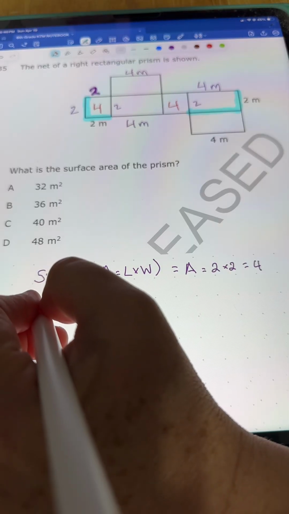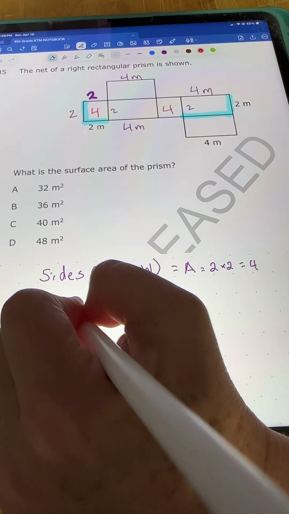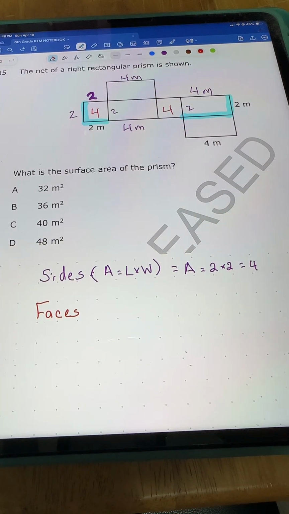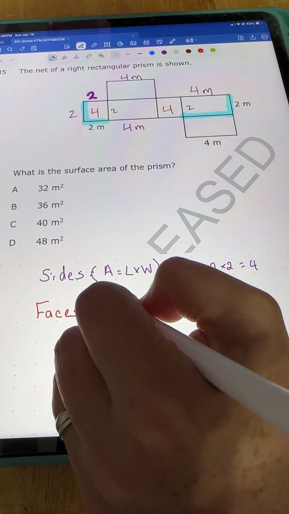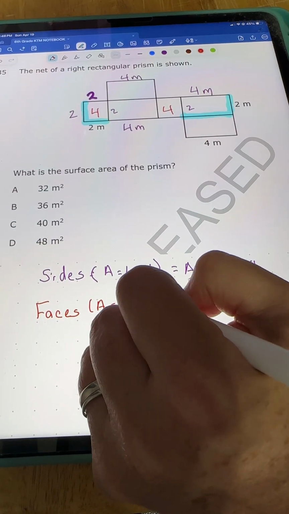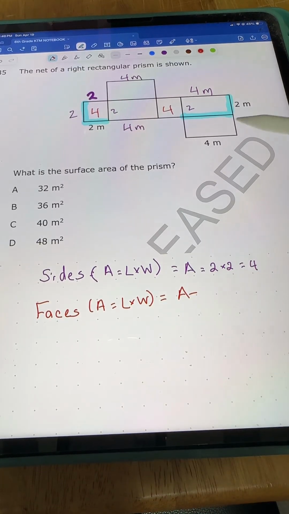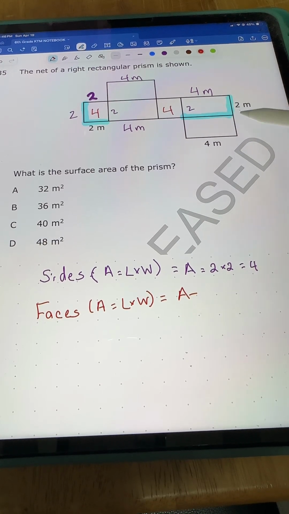Now, I call them faces, meaning my rectangles, okay? My front, back, top, bottom. All right, we're still going to have that area equals length times width. And in this instance, one of those measurements is 4 and one of the measurements is 2.